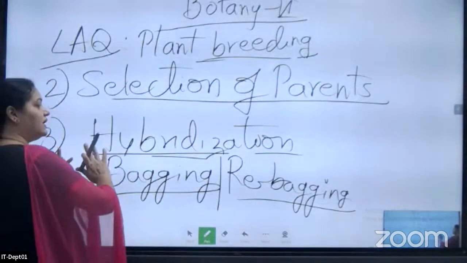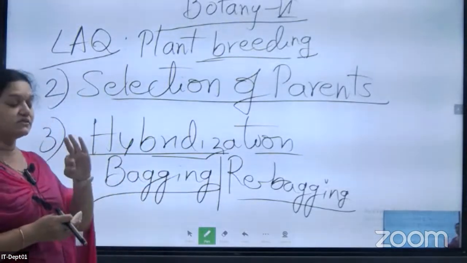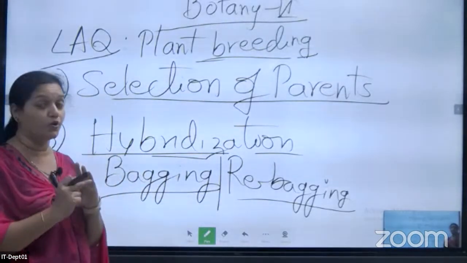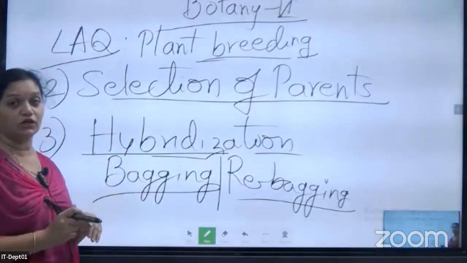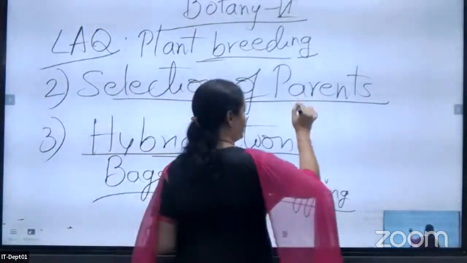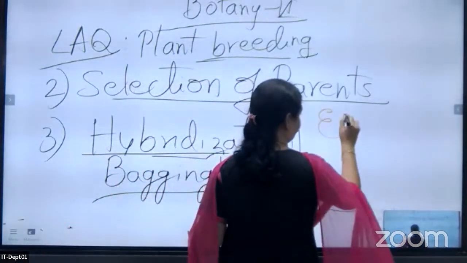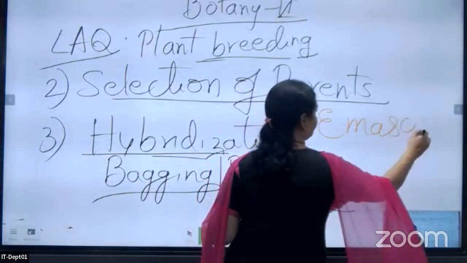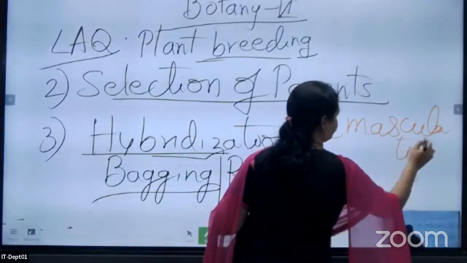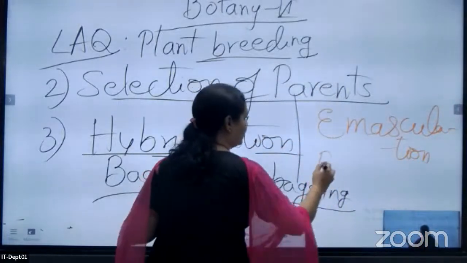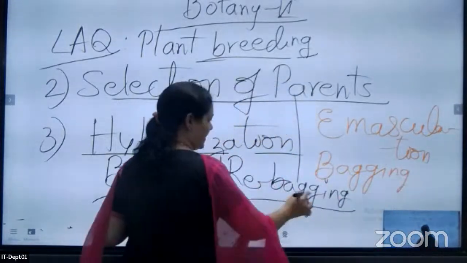So that is the hybridization process. In the hybridization process, three main side headings, or words, are important. Whenever we are writing, we need to underline those words. The first one is emasculation, then bagging, and rebagging.